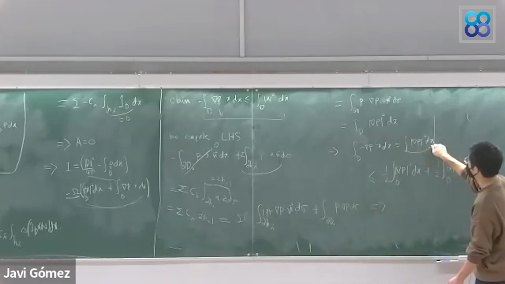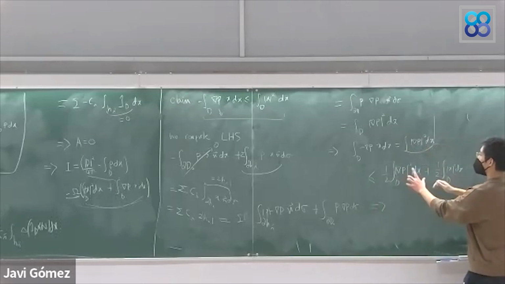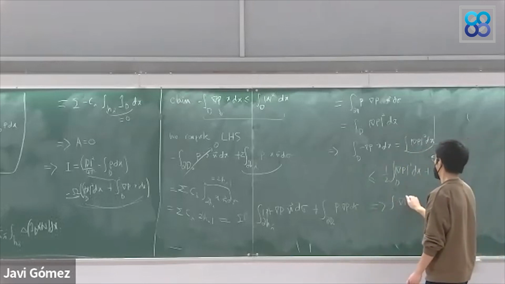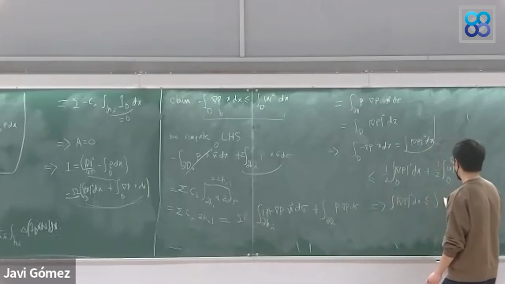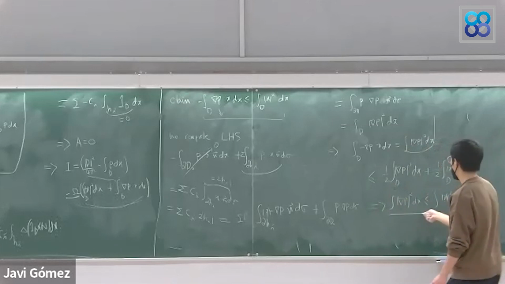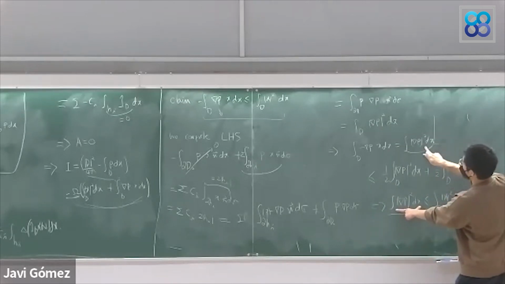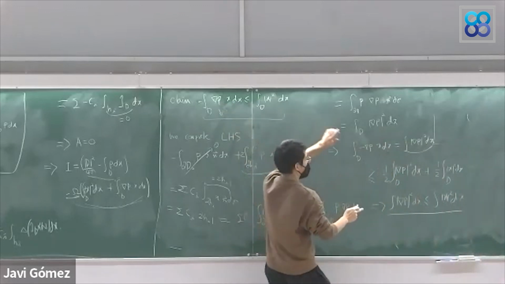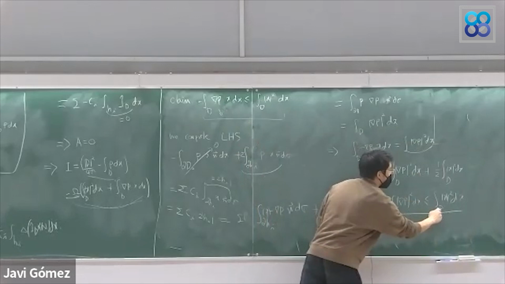So this is always bounded by this one, so we can move this one to the left, and we get that P is always less than x squared. But this is equal to this one, so this one is always less than the integral of x squared.